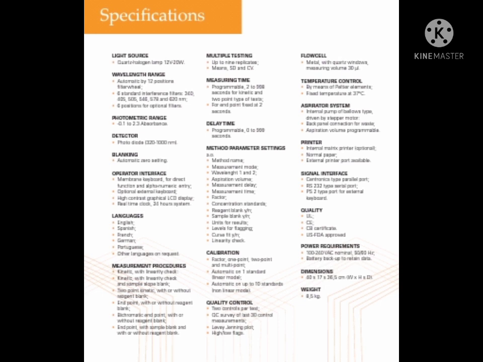Specification of this instrument: optical photometric range as per catalog 0 to 2.3 absorbance maximum, wavelength automatic by 12 position filter wheel, 7 standard interference filters, 340 to 600 nanometer, 660 nanometer. 5 positions are there for optional filters, detector photodiode, light source quartz halogen lamp, 12 volt 20 watt.